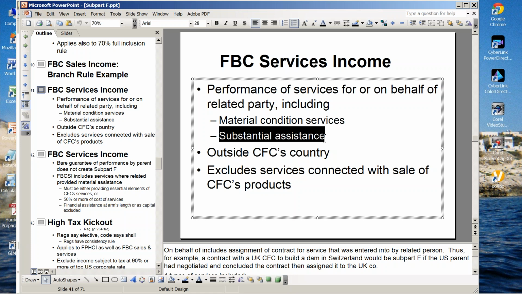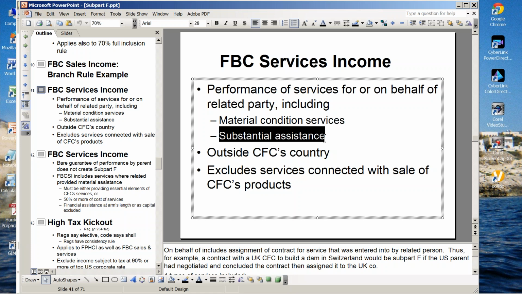And that engineering project is going to require the services of 200 engineers. But it only has 100. So it gets employees on loan from the U.S. company. That's Subpart F income. The Swiss sub has Subpart F income. Or it simply contracts out that engineering to a German affiliate. That's also Subpart F income.